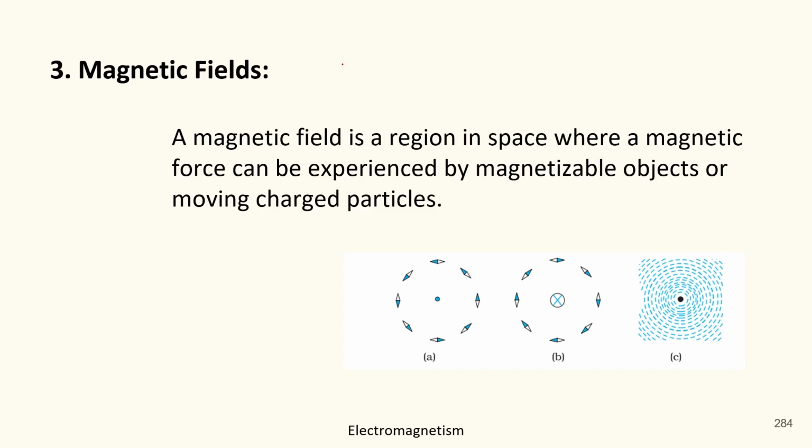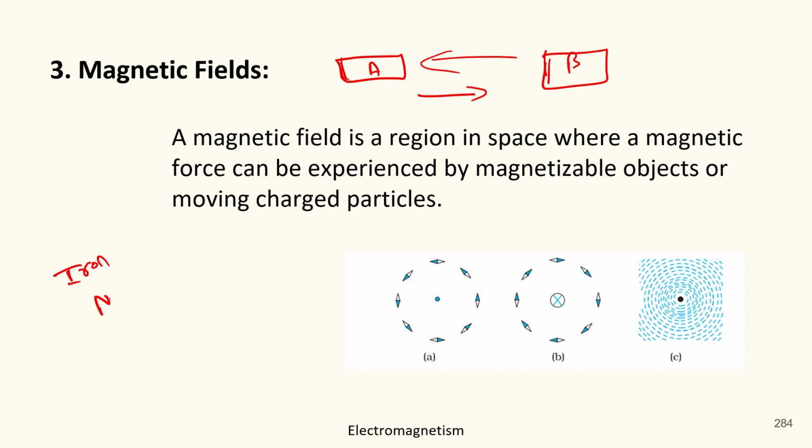So in your childhood you must have come across these two magical things, like A, like B. You all know these two magical things, which whenever put together always attract each other, and always attract towards iron, nickel, and other iron containing objects.